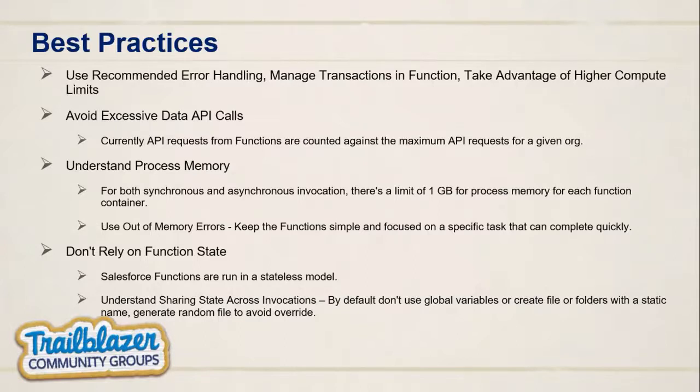As a best practice, we can follow a mechanism of generating random file or folder names, so that multiple invocations of the same function will not override each other at the time of execution. These are a few best practices we have to keep in mind while creating and invoking Salesforce functions.